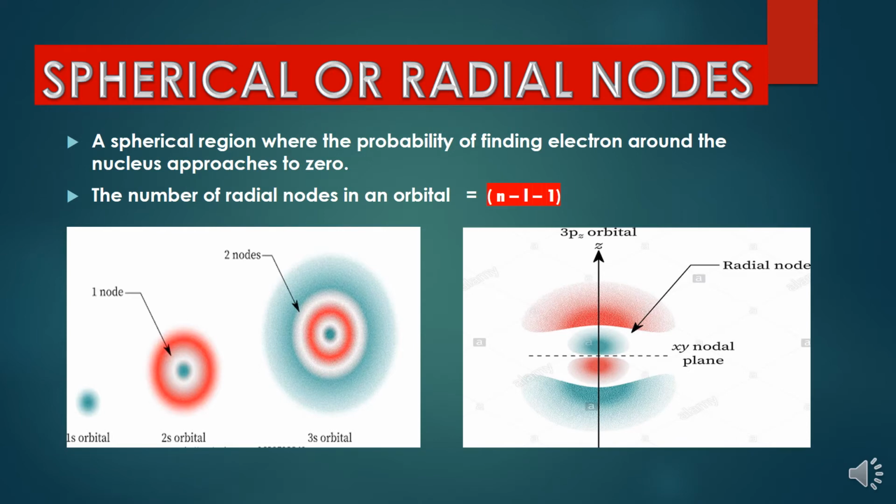These nodes are of two types, as we have seen. One is a kind of spherical region and another is a kind of plane.